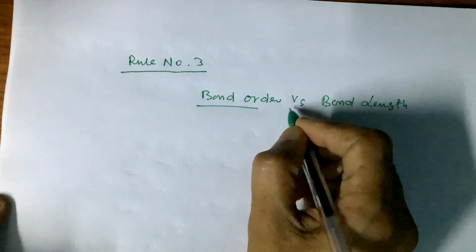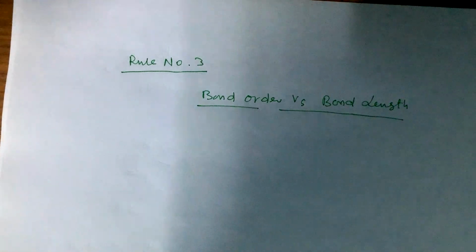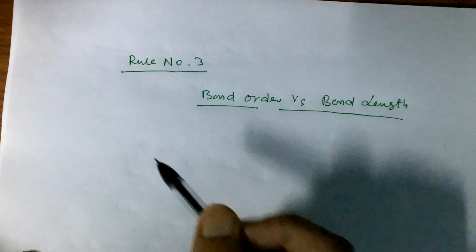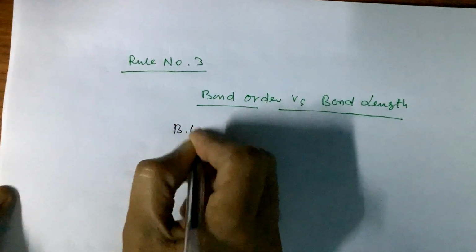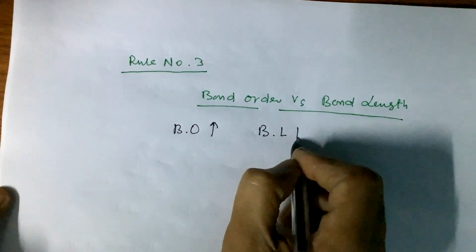How are these two related? The higher the bond order, the less will be the bond length. When bond order increases, bond length decreases.